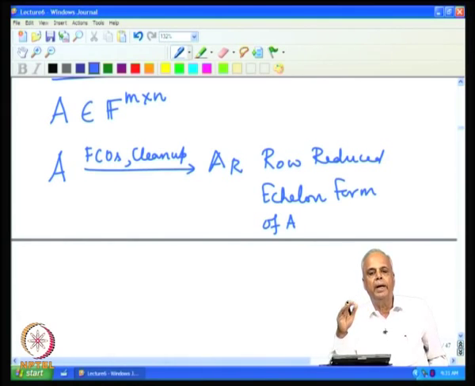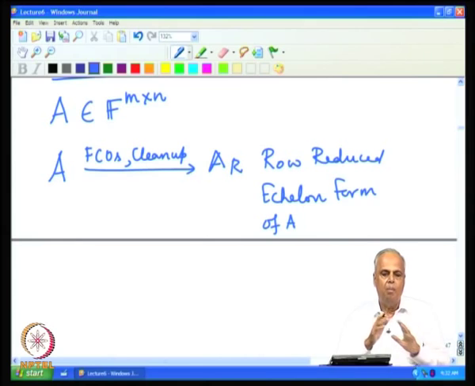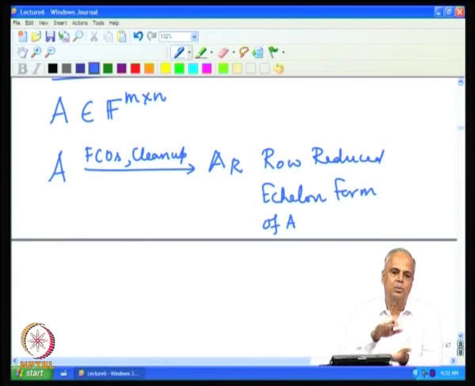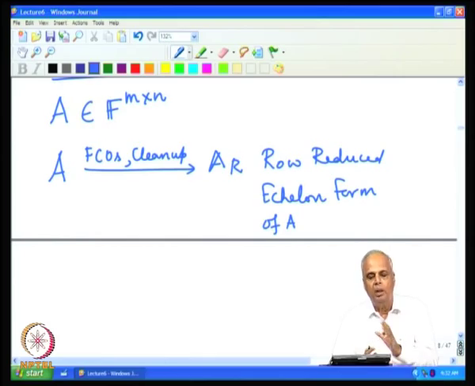Now, once you look at A_R, it has a row reduced echelon form, therefore, it has certain non-zero rows followed by a certain number of 0 rows. There may not be any 0 rows or there may not be any non-zero rows, but in general there will be a certain number of non-zero rows sitting at the top and all the 0 rows would have settled down at the bottom. Now, suppose A has m rows, some of them are non-zero and some of them are 0.